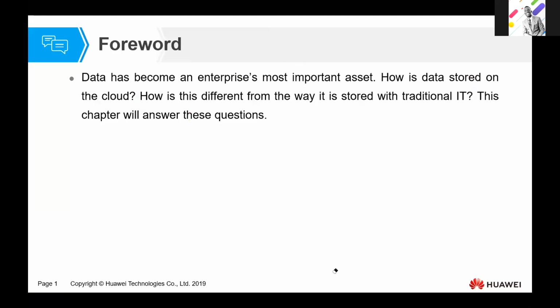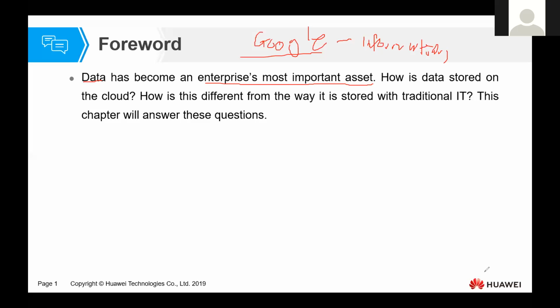Data has become an enterprise's most important asset. Do we all believe this? We know that companies like Google don't sell that many different products, but most of their money comes from information-related products.